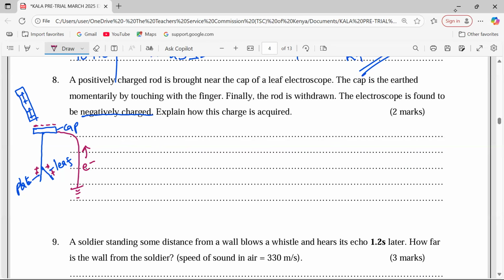So when we are earthing, we are having free positives there. And therefore, the positives will attract electrons from the ground, because we can't say that the positives will move to the ground. No. The negatives at the cap are held by the positive rod, so those ones will not move.